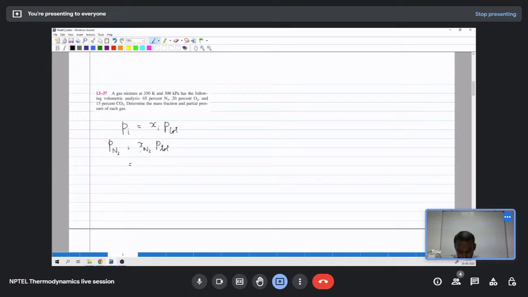So this is 0.65 into P total, which is 300 kilopascal. For this problem I would have everything in kilopascal. So this would be 195 kilopascal.